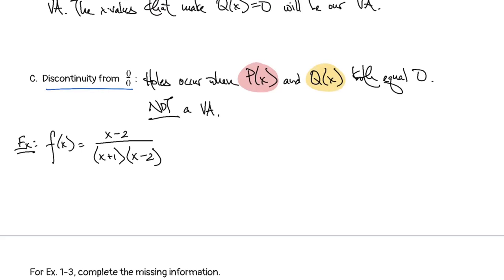Okay, so the example is F of X equals X minus 2 over X plus 1 times X minus 2. Now, I claim that there is a hole and a vertical asymptote in this function. Where, and by where I mean what X value do we think gives us a hole?